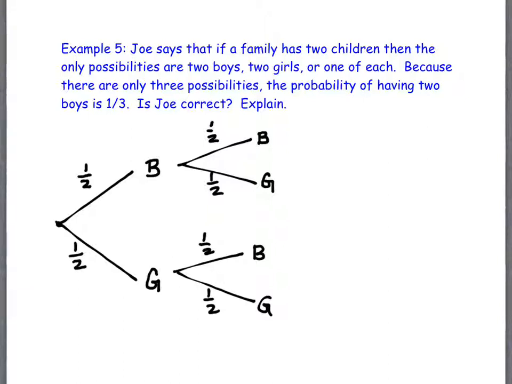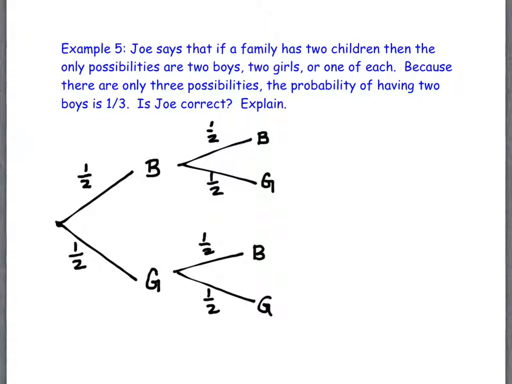Do you see that there are really 4 possible outcomes here? What did Joe fail to consider? The order, right? So yes, there's 3 possibilities of different kinds of gender relationship of your children, but a boy-girl combo is different than a girl-boy combo, so to speak. I mean, the ordering actually makes a different chance of that happening.